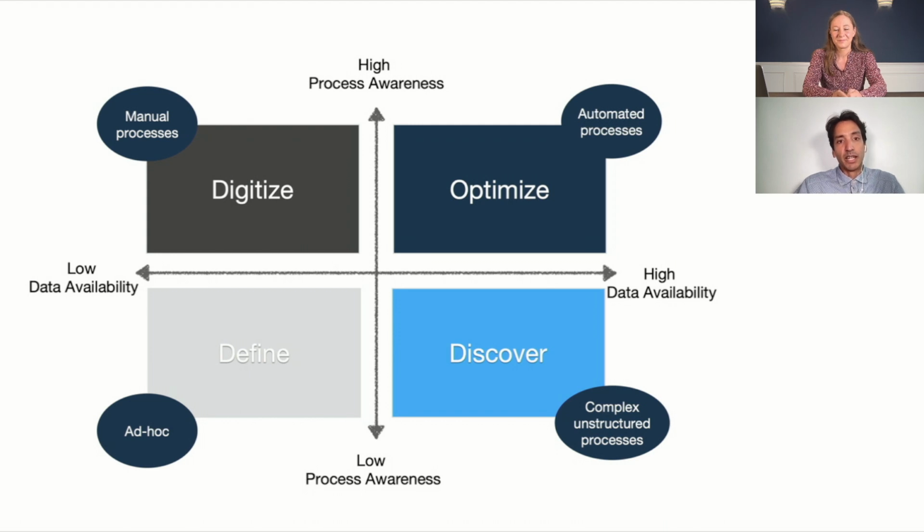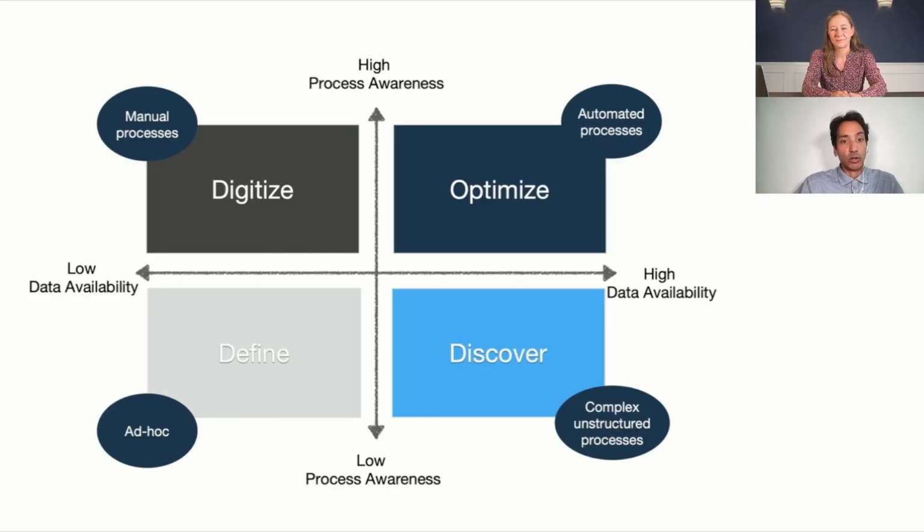Then we can run the process mining analysis on the discovered process, and you can find discrepancies between what you expect to see and what you actually see. This gap brings out the improvement potential of the process itself.